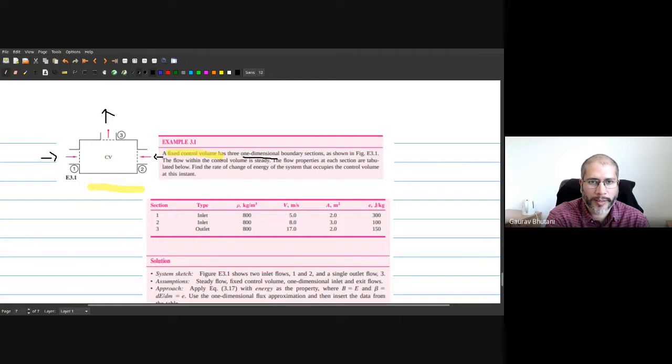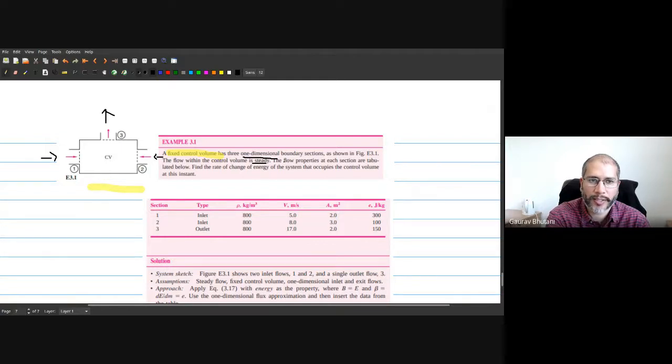The flow within the control volume is steady. The word steady means that things do not change with time. So whenever you see the word steady, as we have discussed in the introductory lectures, the partial derivative of that quantity with respect to time is 0.